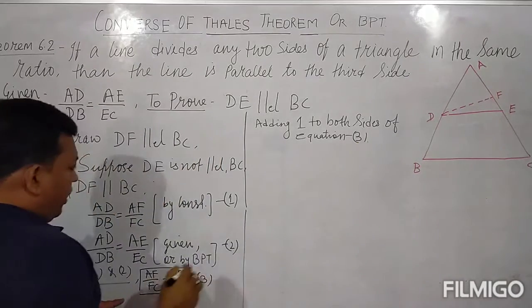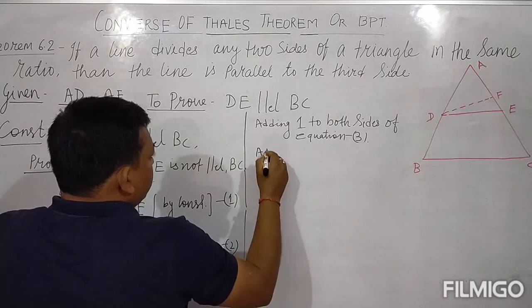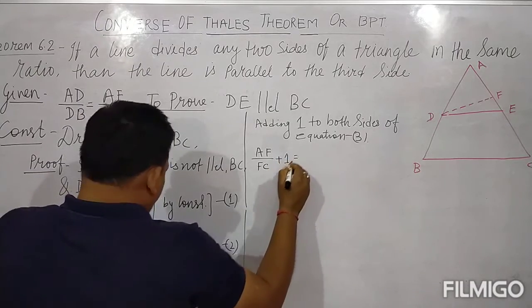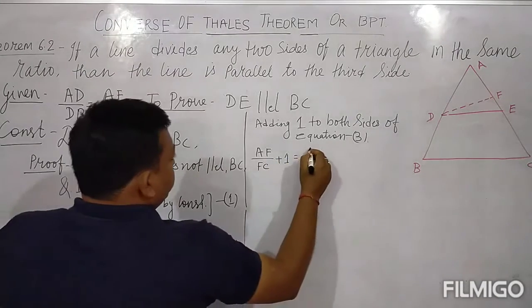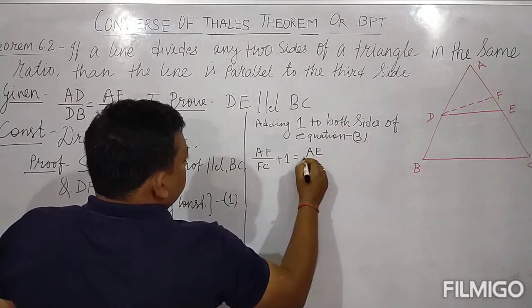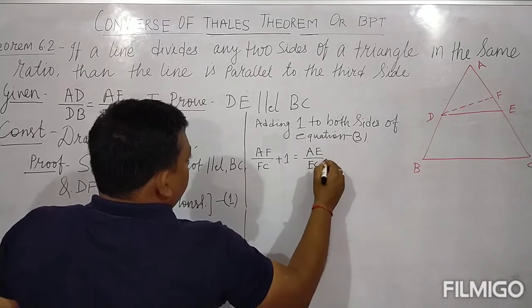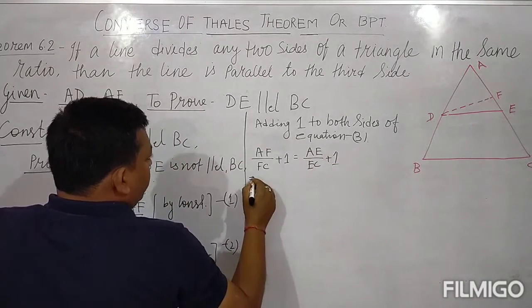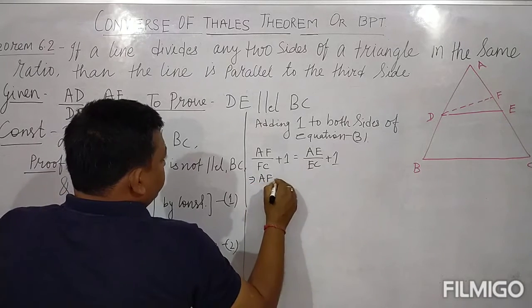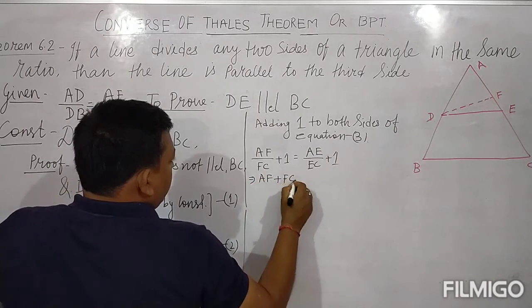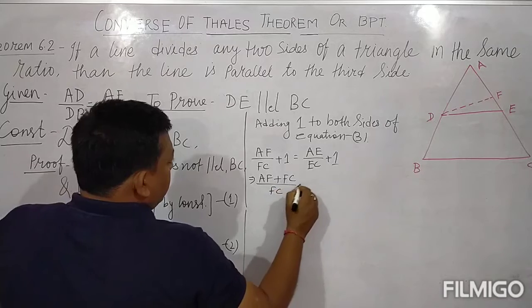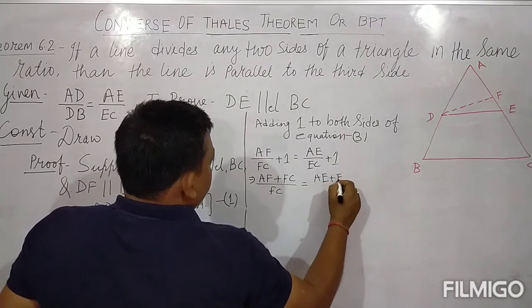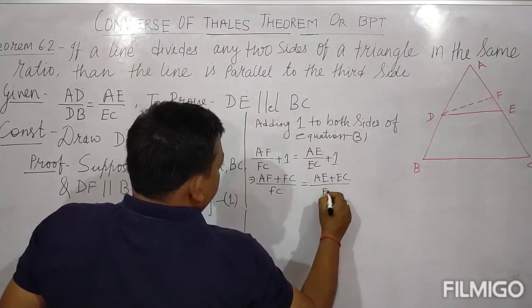What we will get? AF by FC plus 1 equals to AE by EC plus 1. Now solving it, we will get AF plus FC by FC equals to AE plus EC by EC.